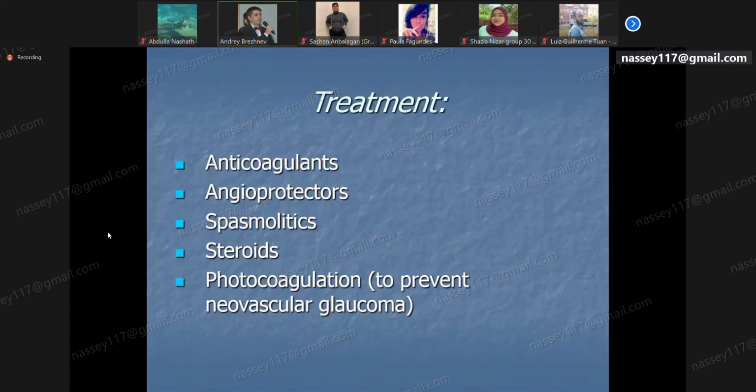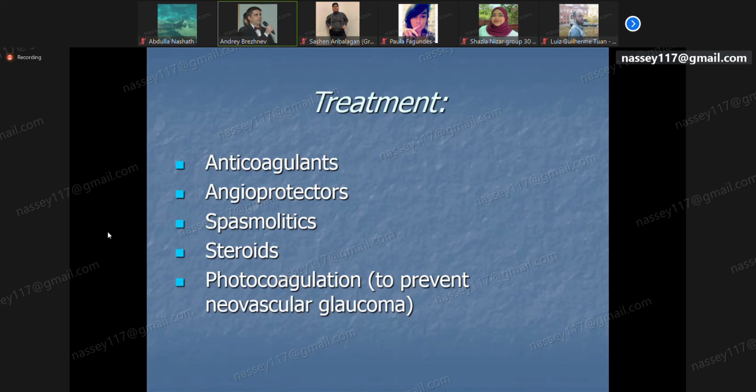laser photocoagulation to prevent neovascular glaucoma, as in case of arterial occlusion. In case of venous occlusion, one of the most severe complications is neovascular glaucoma. To prevent it, it's necessary to use photocoagulation of the fundus of the eye to create areas of burns with then scarring of these areas.